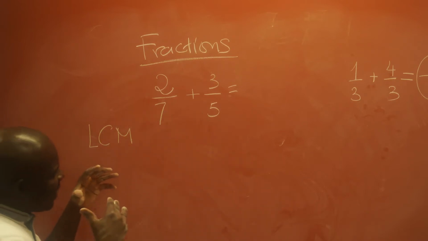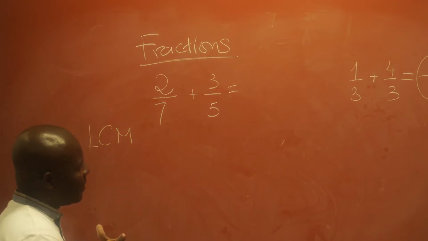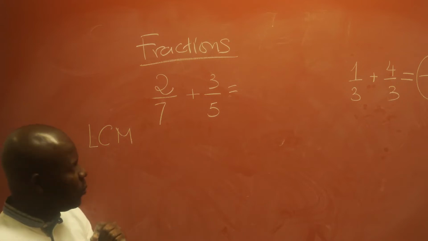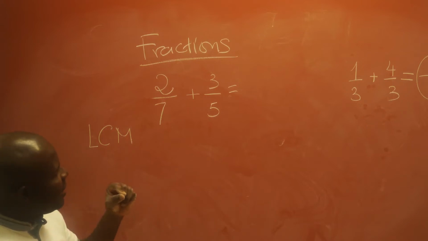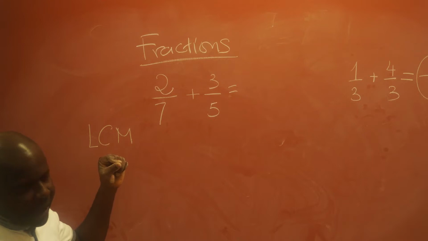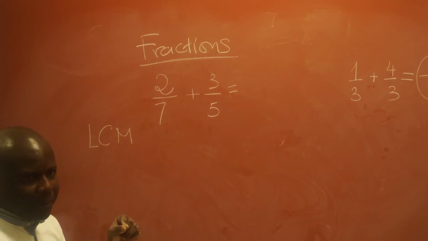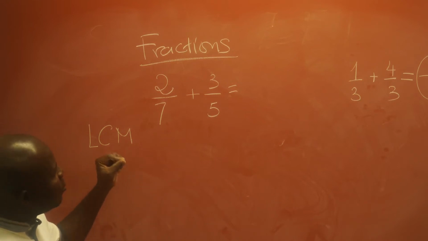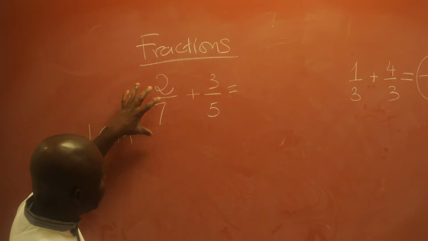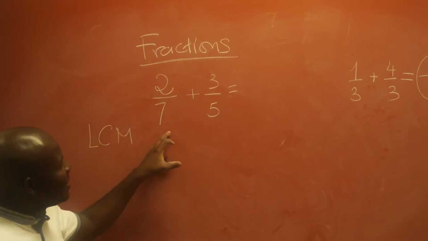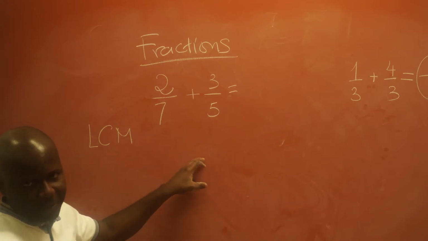Because they don't have the same denominator and we want to figure out that same denominator, we're going to use a multiplication method. We're going to multiply the numerator and the denominator of each fraction by that same number. We know that doing that multiplication on the first fraction and the second fraction will get the same denominator.